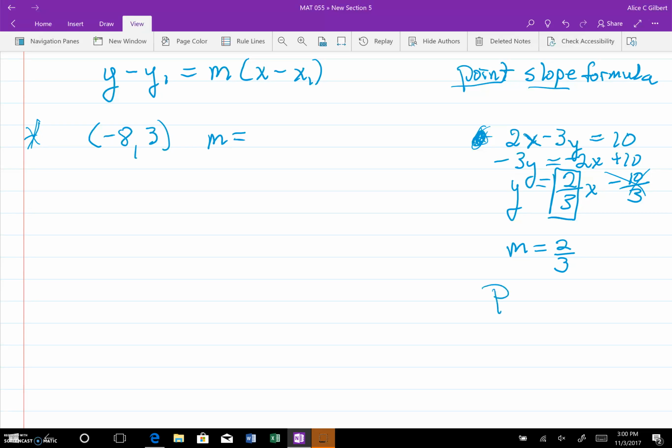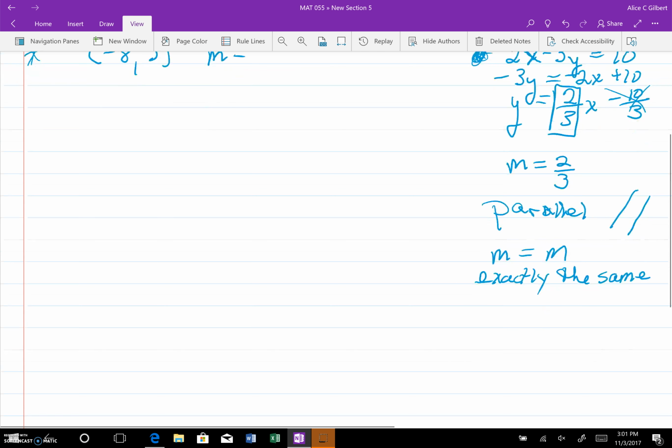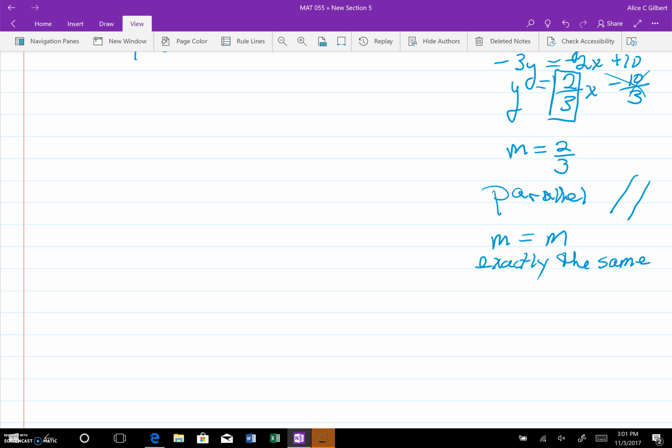Okay, now lines that are parallel are lines that go like this, and their slopes are exactly the same. And lines that are perpendicular are lines that would go like this.